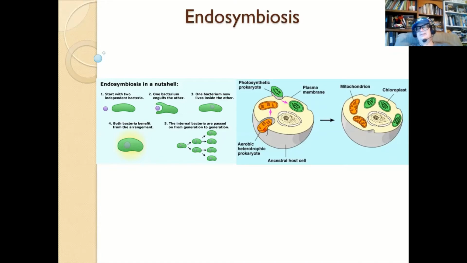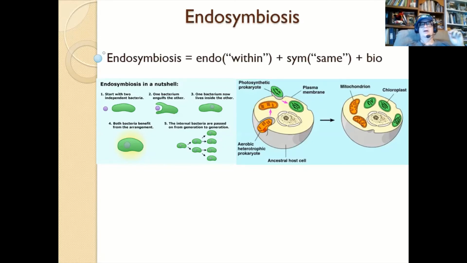Now, you might think that sounds fantastical, or whoa, how could that possibly be? Well, I already gave you 3 examples of similar things happening right now. But let's go beyond that, okay? Endosymbiosis, you already know, endo means inside of, within, sym is same, and bio is life.